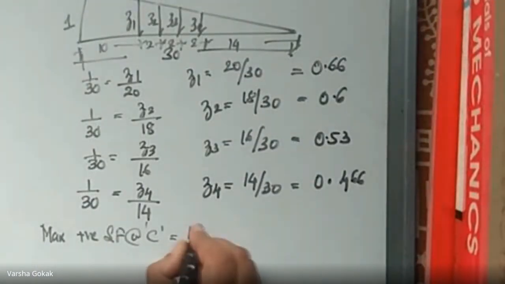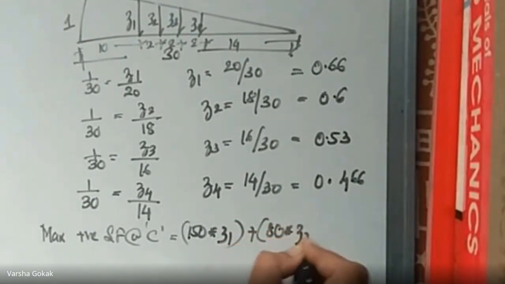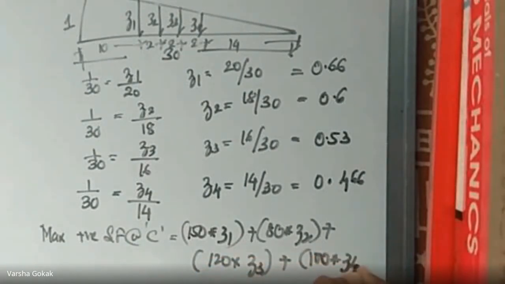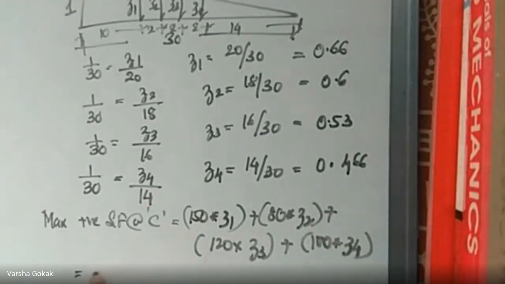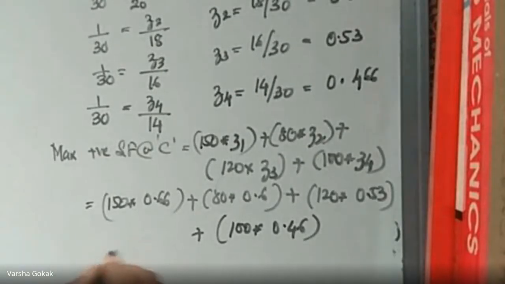Substitute: 150 into 0.66 plus 80 into 0.6 plus 120 into 0.53 plus 100 into 0.46. Get me this value, please.